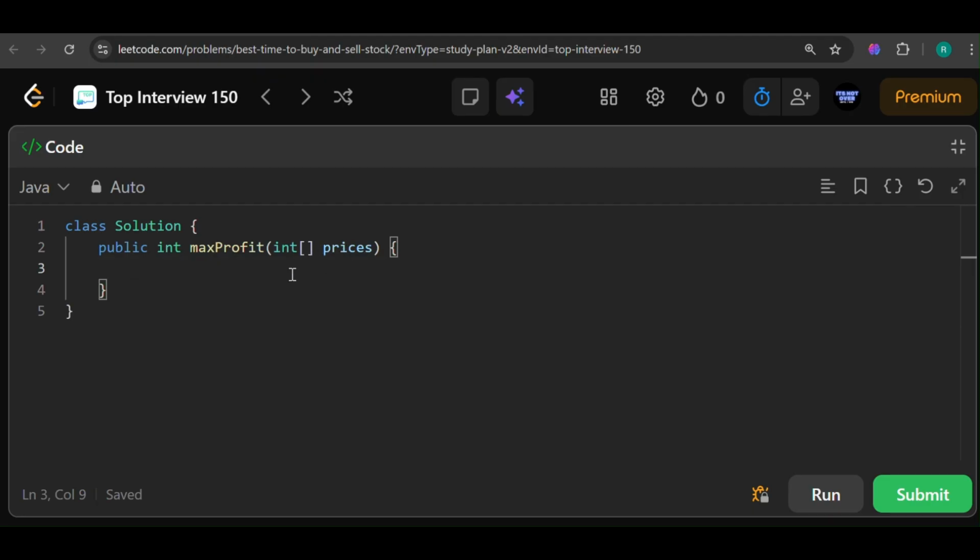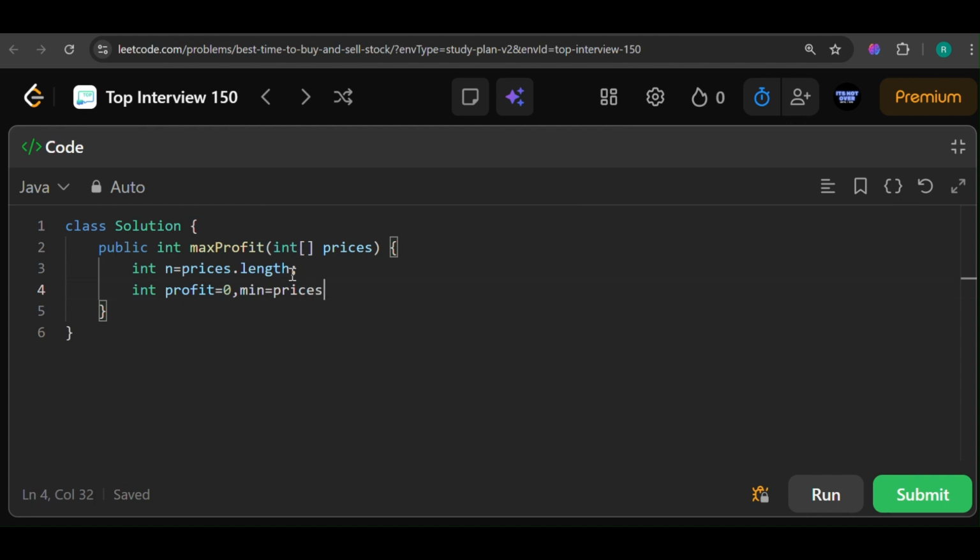Prices is my array, so I store its length. int n will be prices dot length. So n is the length of my prices, and I created a variable named profit, which is initially 0, and created a variable named minimum whose value initially points to the 0th index of my array.